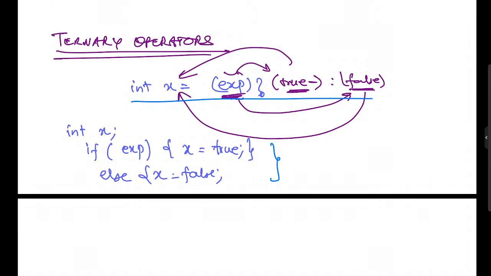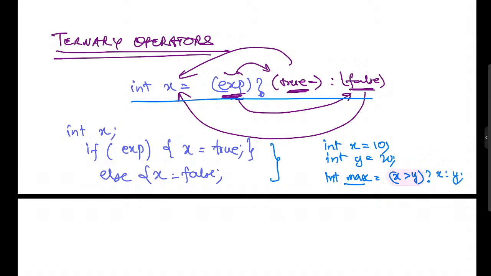So for example, int x is equal to 10, int y is equal to 20, then you can assign max. You're saying if x is greater than y, my maximum should be x, otherwise it should be y.